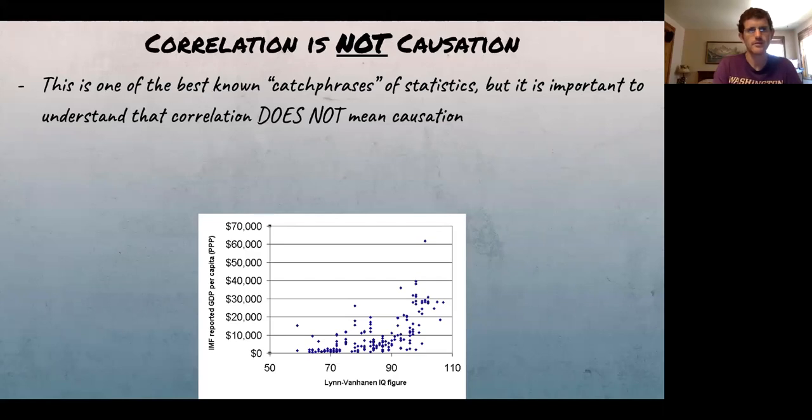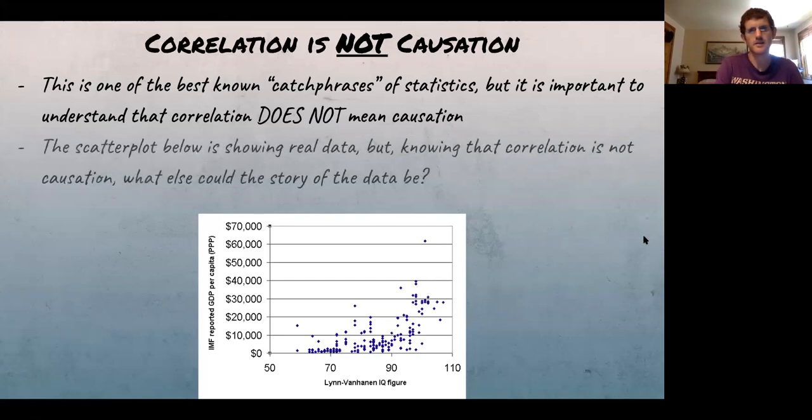Okay, so this is something you were probably familiar with before this class started. Correlation is not causation. You have probably heard that before. And of course, it's important that we talk about it in this class because this is one of the most common misconceptions. If you have some really strong correlations, people are like, oh, look at this correlation.